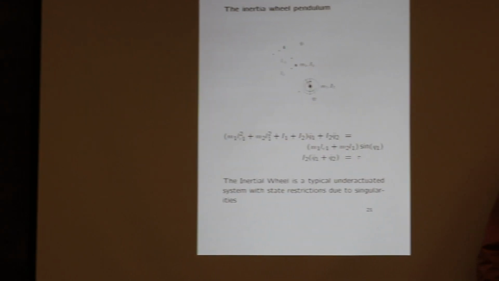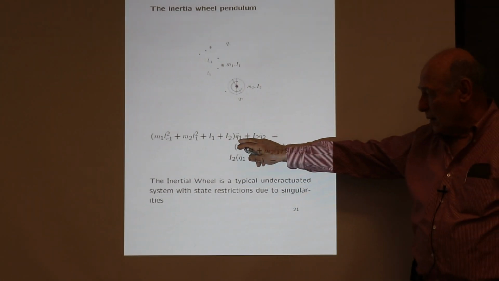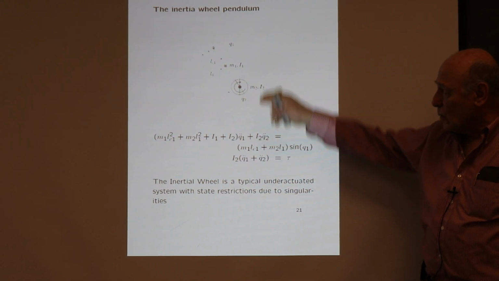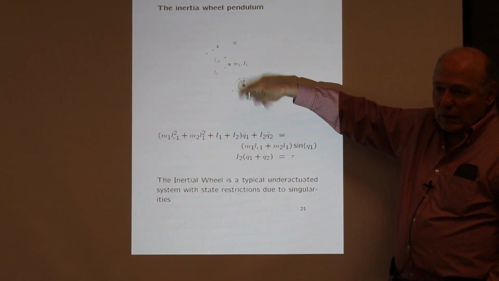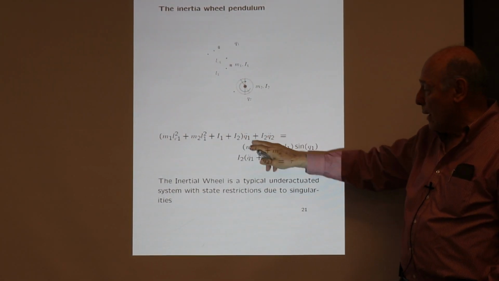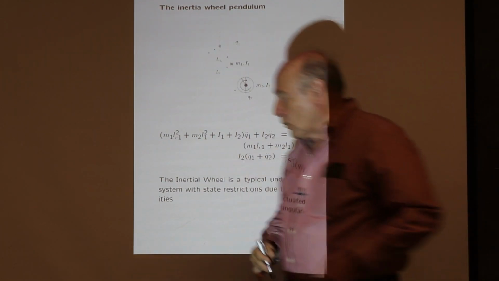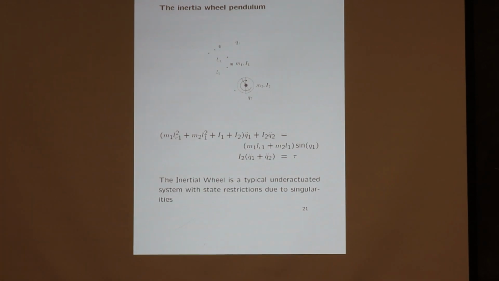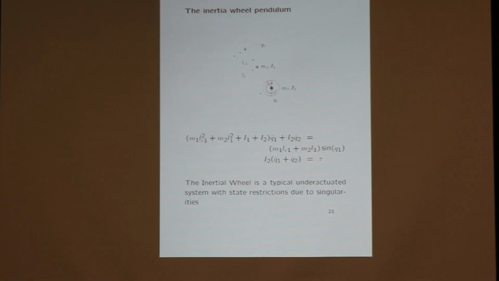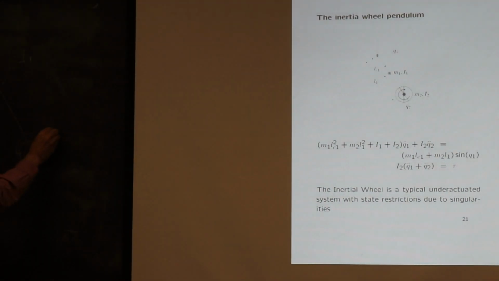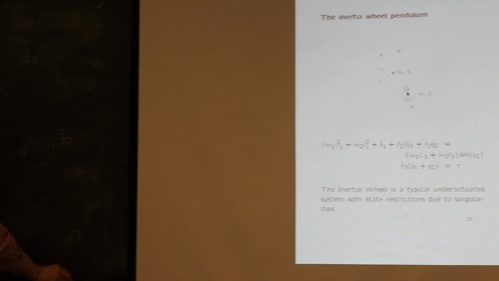It's not easy. So Q2 represents the angular position of the wheel, and Q1 represents the angular position of the pendulum. So this variable Q1 is this angle here, and Q2 describes the angular motions of the wheel.